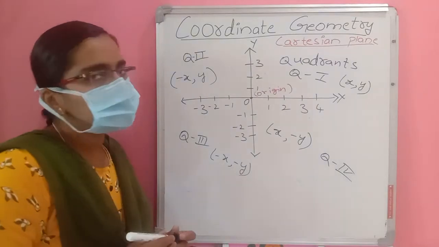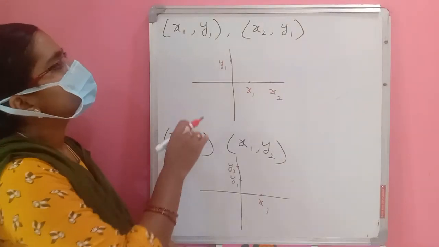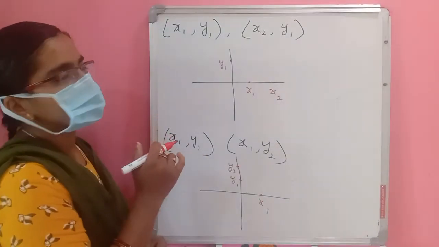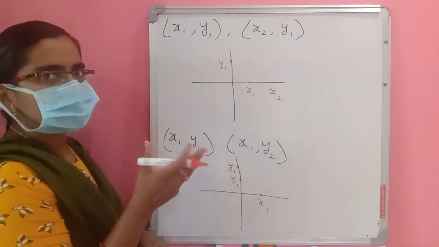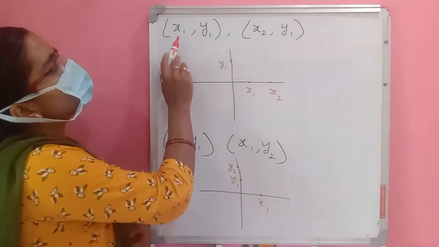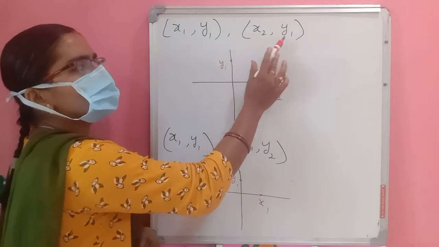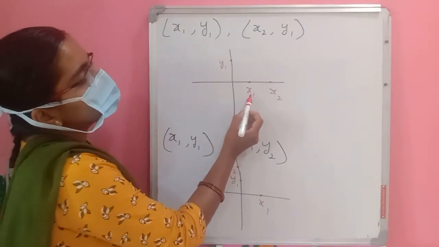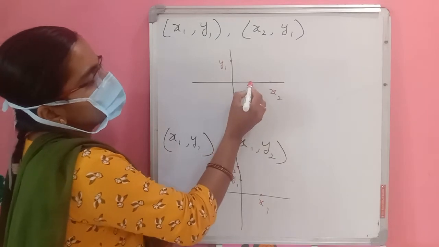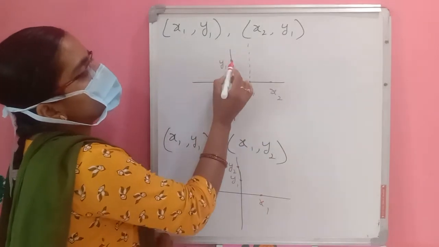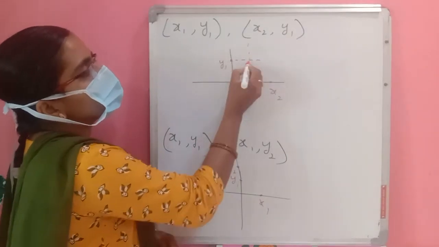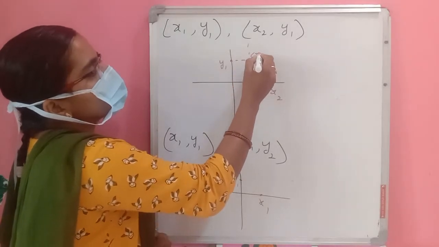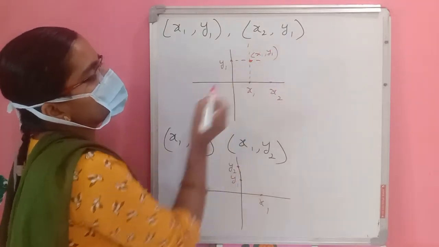Now, the distance between 2 points. If you take 2 points in the Cartesian plane, x1, y1 and x2, y1, what is the distance between them? So here is the x1 value and y1. Like this we have to plot this point. This is the plotting of point x1, y1.